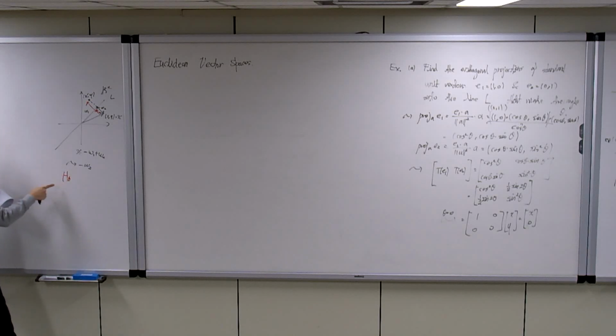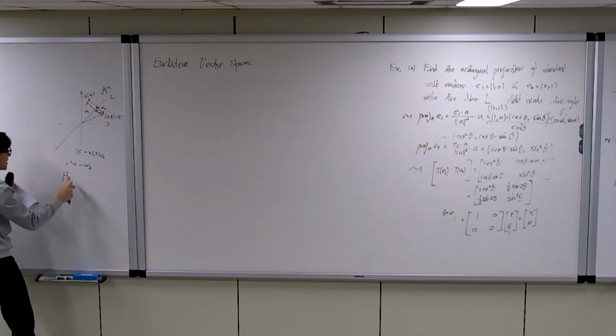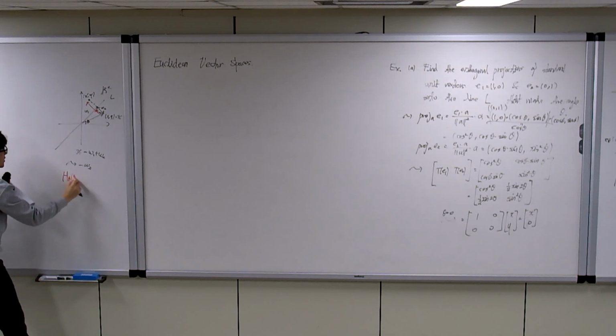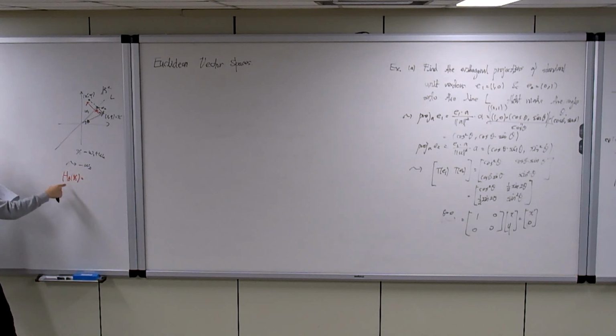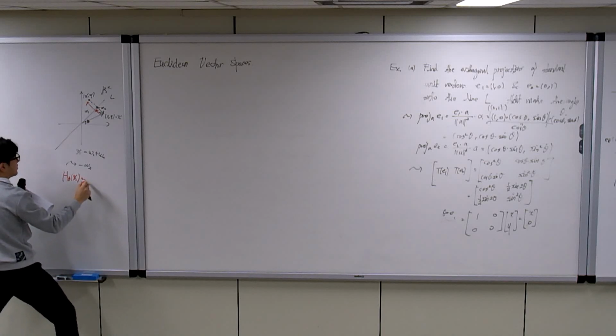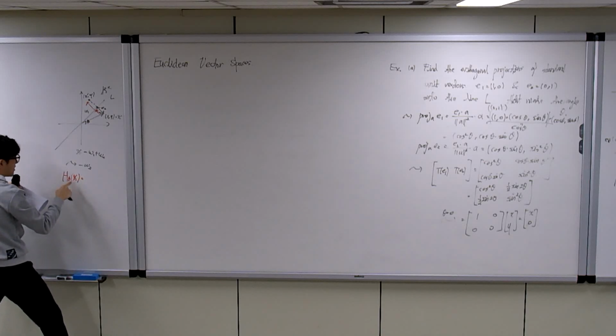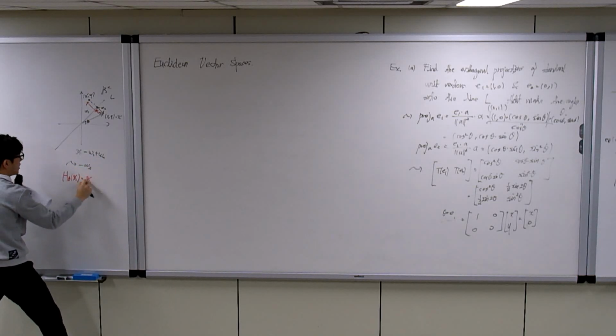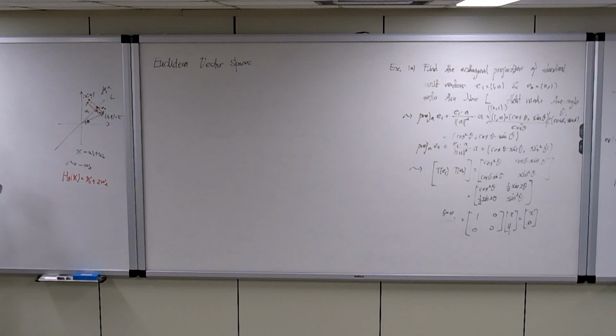I will write the reflection transformation as H sub theta. If we enter the vector x, it gives w2, and by calculating x plus 2w2, we get the result value.